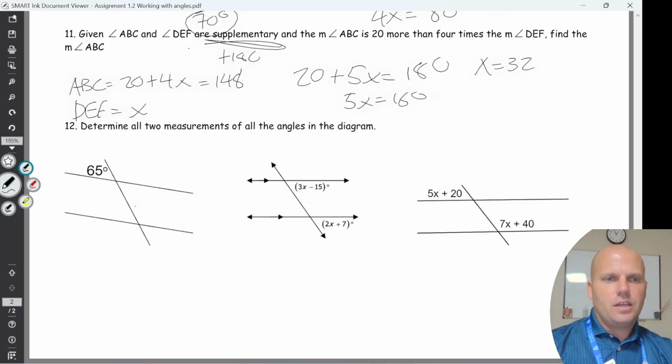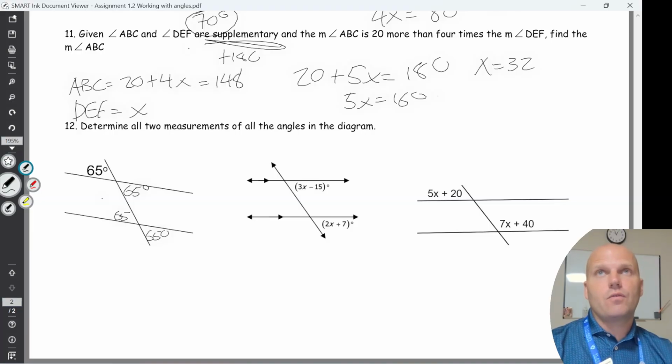I could cut out a square and move it down there, and all the angles have to be the same. So if I know this is 65, then this angle down here has got to be 65 as well.